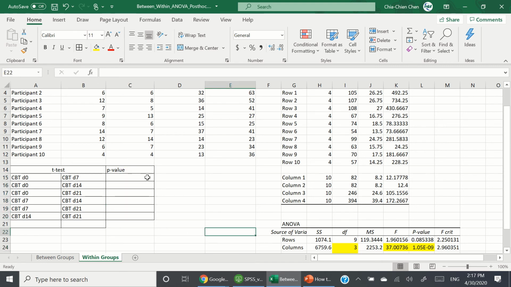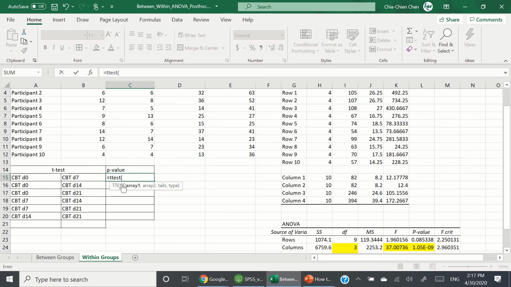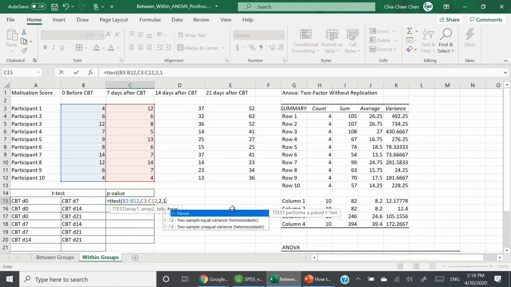Okay, so this one you want to enter t-test parentheses. The first array followed by a comma, and then highlight the second array. So make sure that this is day 0 versus day 7, yes. And then tails, two, and type is 1.